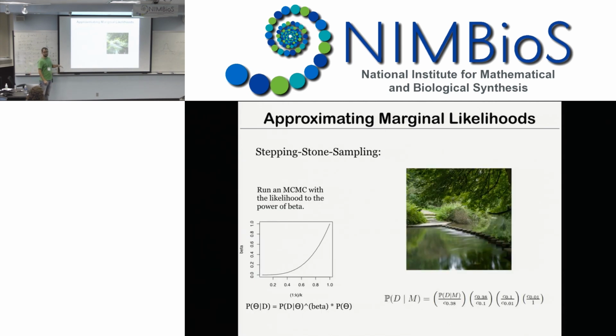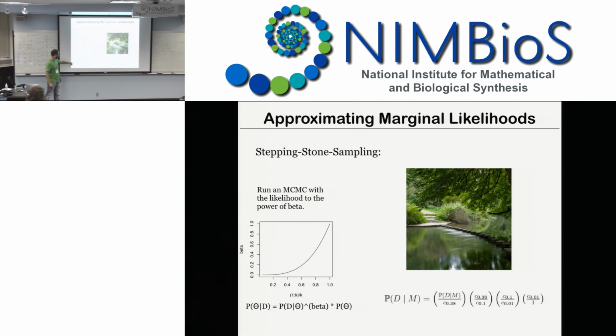So the more general approach, and the approach that we are going to use in the tutorial, is to approximate marginal likelihoods by an algorithm called stepping stone sampling, which in principle uses the same type of machinery as path sampling. What we are going to do there is run an MCMC with the likelihood raised to the power of beta.